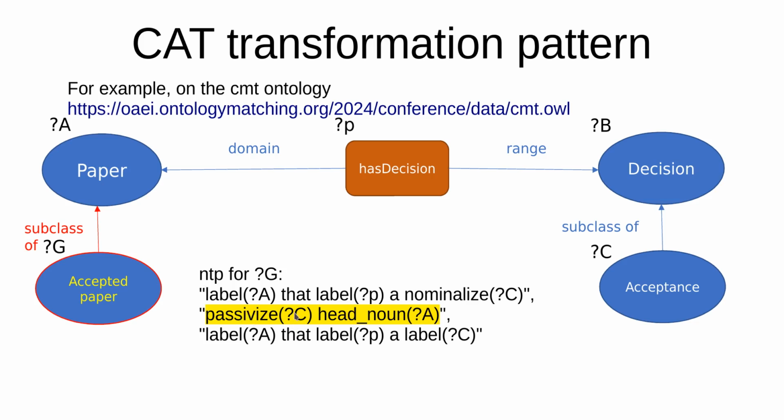We can also use the label within the naming operations passivize and head noun. Passivize should try to make the passive form of some word, and it was fine, accepted actually.